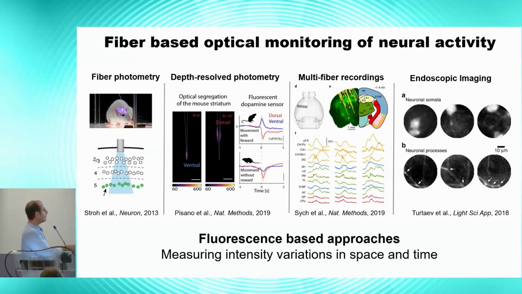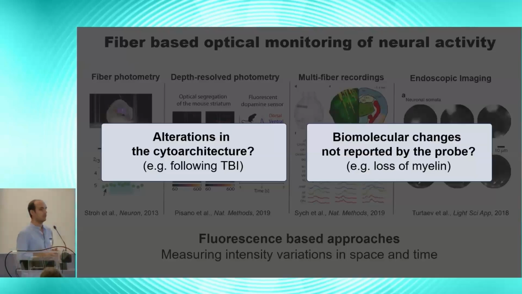So all of this is based on fluorescence. What we do is we measure variations in space and time of fluorescence, and we link it to neural activity. However, there's a lot of information that we are missing, because what is not encoded by the reporter, we are not measuring. For example, if we have alteration in the cytoarchitecture, imagine traumatic brain injury, we're not measuring it.